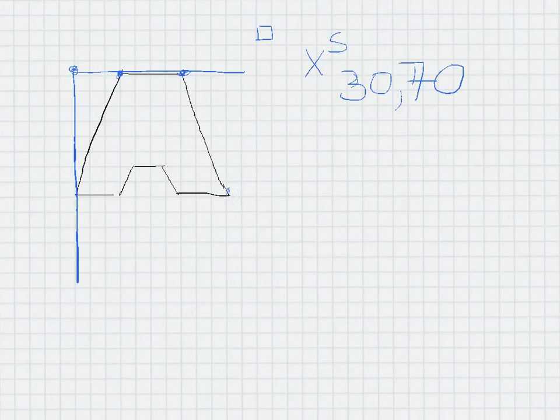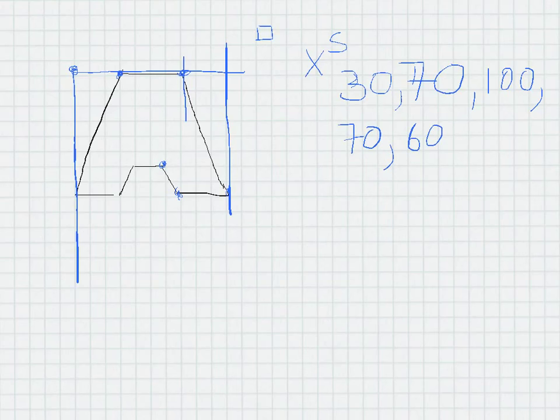Now as I go down, I cross, let's just draw a little line here, I cross 3 grid squares, so that's another 30 across from my 70. So that makes my next x point 100. Now my next point over here is 3 grid squares back across from that 100, so that makes it back at 70. Then my next point is 1 grid square across, so minusing 10 off that 70 makes it 60.